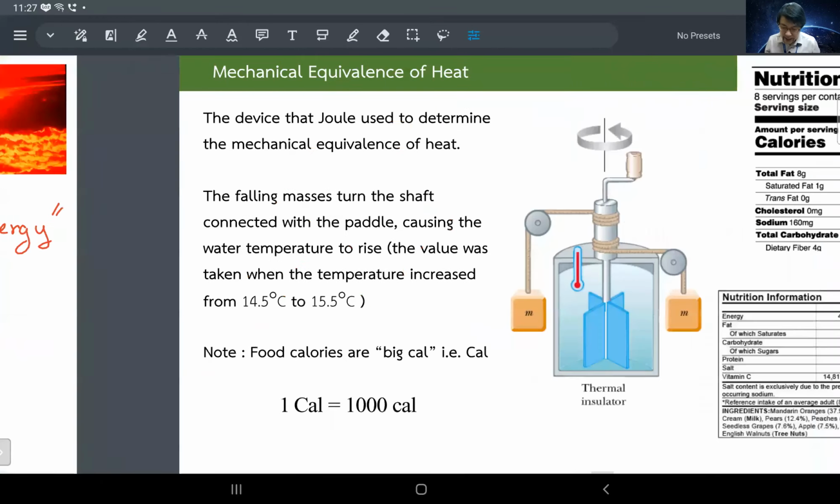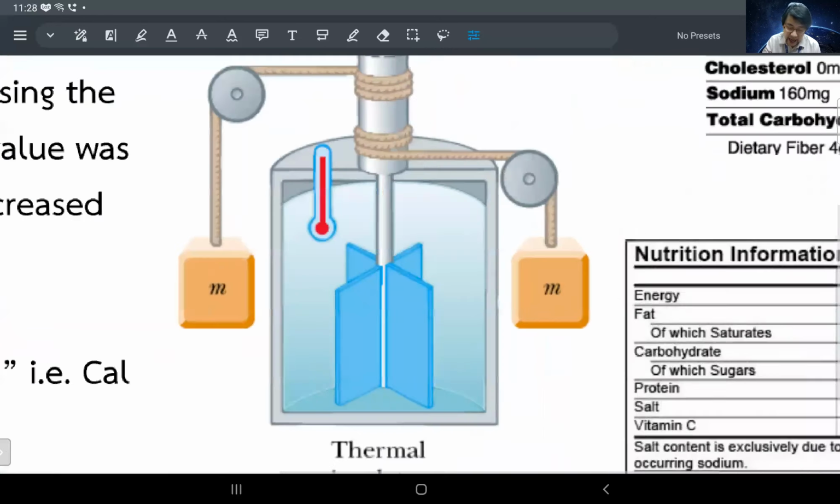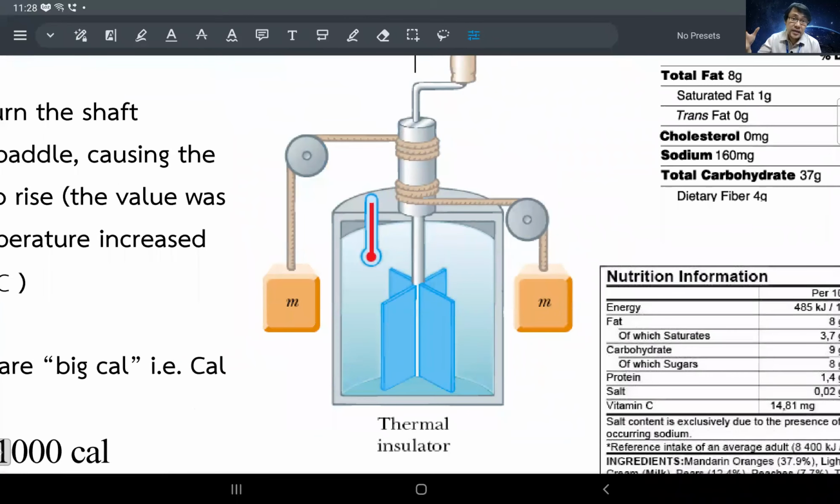Now, James Joule, the one we named the unit of energy after, was the one who did the first experiment that showed heat is actually related to energy in the mechanical world. This diagram shows his first display of, hey guys, I can convert potential energy, here we go, this is mgh, and I can use that mgh to warm up the water.